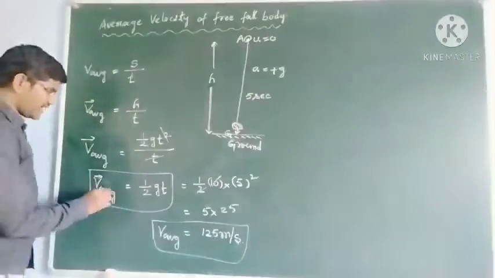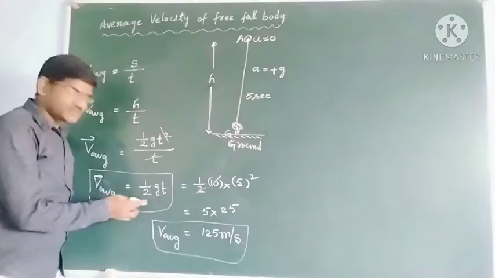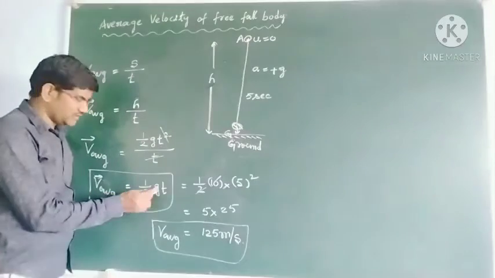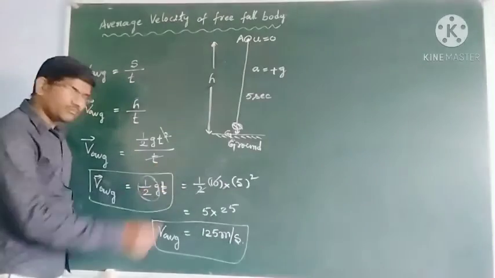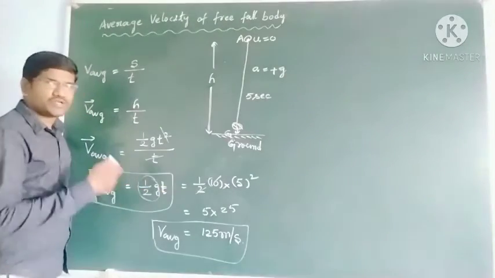So the average velocity formula we got in terms of time is half gt. This half g is constant, so average velocity is directly proportional to time only. So more is the time, more is the average velocity.